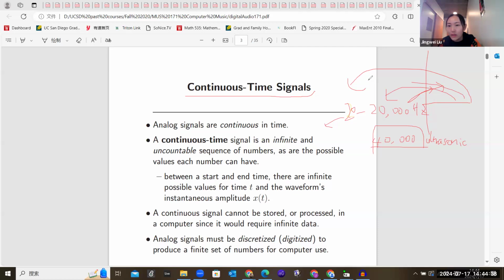So if there is a sound of 70,000 Hertz, naturally we should never hear such a high frequency. But in a computer system with fs equals 40,000, we will hear this sound as 10,000 Hertz. This is aliasing.